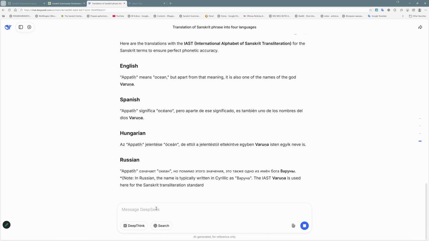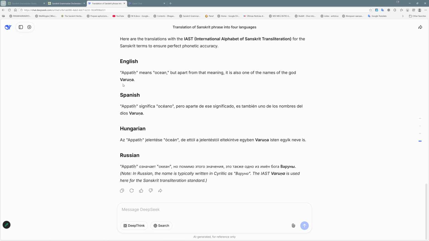Varuna, now with Varuna with good diacritics. Apati means ocean, but apart from that meaning, it is also one of the names of the god Varuna. So it understood me. Surprise. It's as if it knows Sanskrit. What a coincidence.